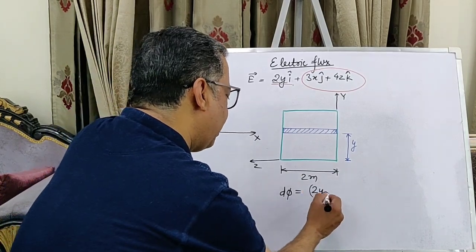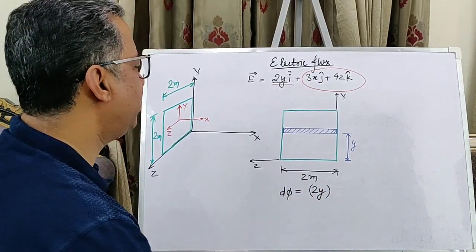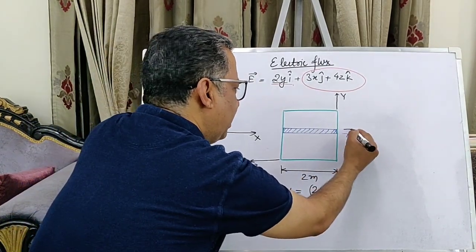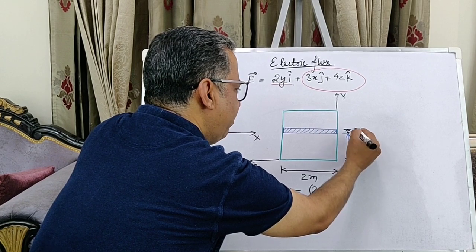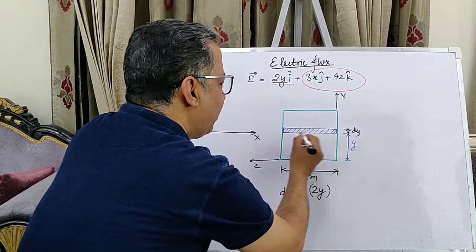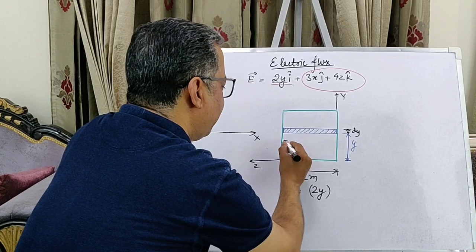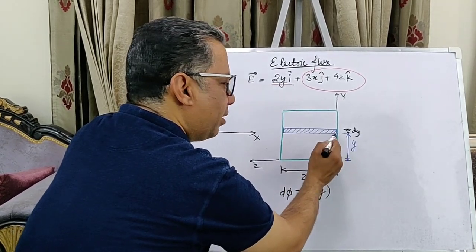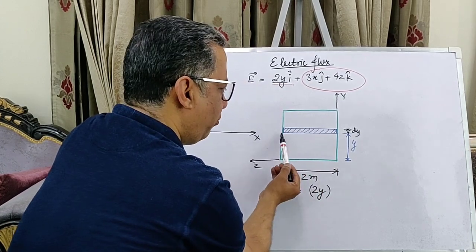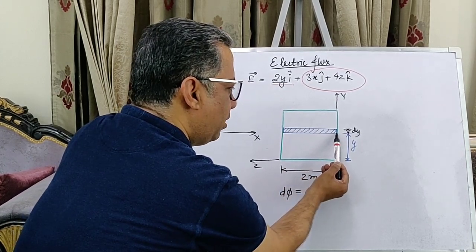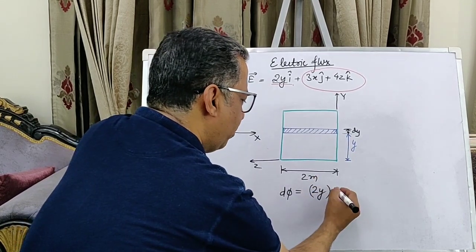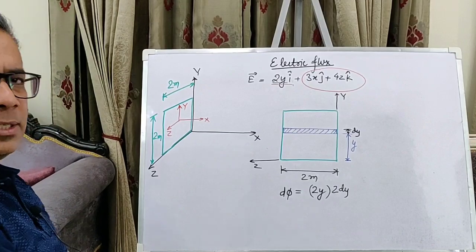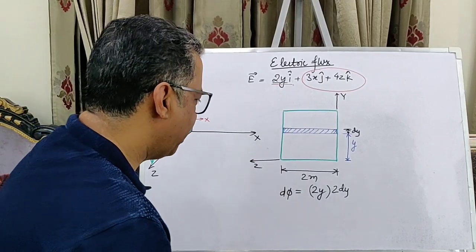We multiply this field with the area of this element. Now the area of the element will be the width of the element, that is dy, times this length. Now this length of the element is obviously 2 meter, so the area is 2 times dy. The length of this rectangular strip is 2 meter, the width is dy, so 2 times dy, that's the area of this particular element.